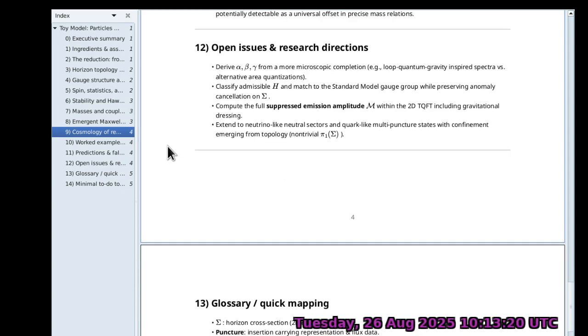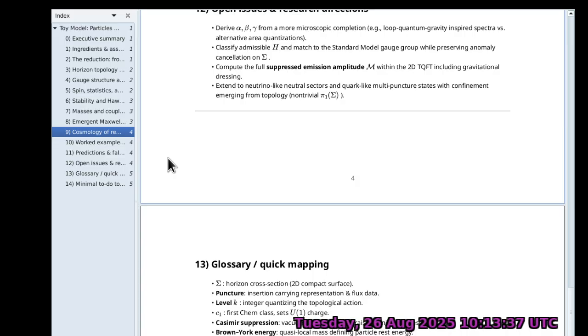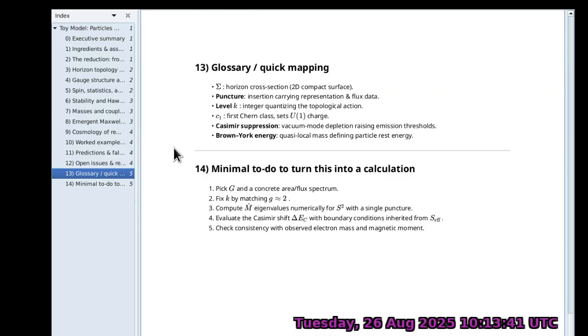Let's see, open issues and research directions. All right. So I don't know. This doesn't look like it makes a lot of sense, but I don't know that much about it, so maybe it does.